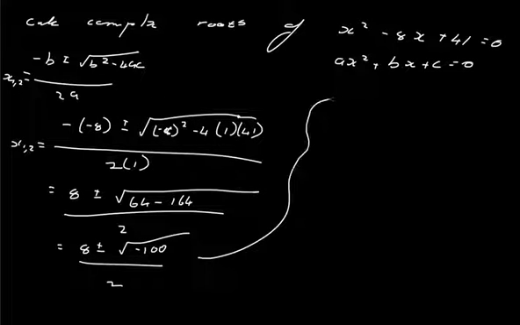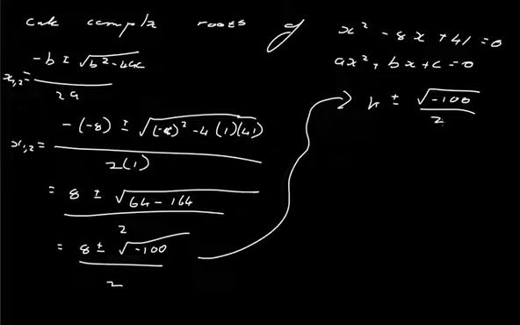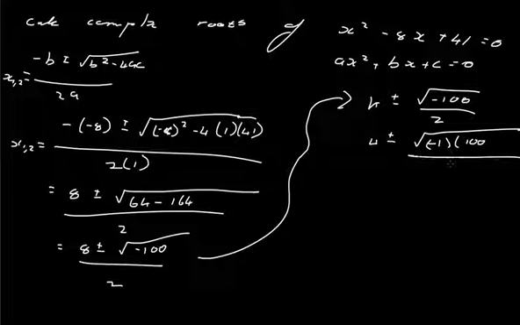Okay, let's carry on over here. So 8 over 2 is 4, plus or minus the square root of minus 100 over 2. So now we start factorizing this, which is minus 1 times 100 over 2.